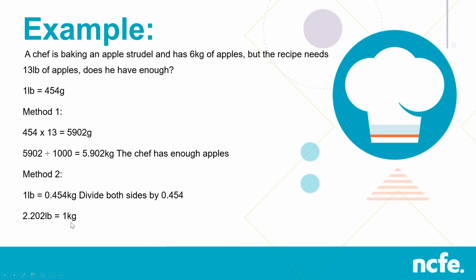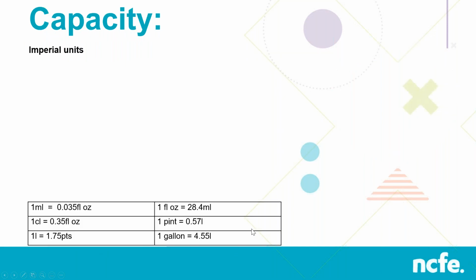So that's what we have there. And then we know that he's got 6 kilograms, so 2.202 times 6 will show that he has 13.212 pounds. And again, we can see the chef has enough apples. So it doesn't matter which method you use, they both give you the correct answer.